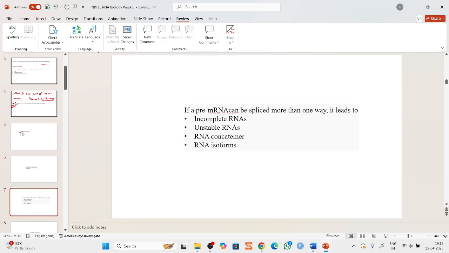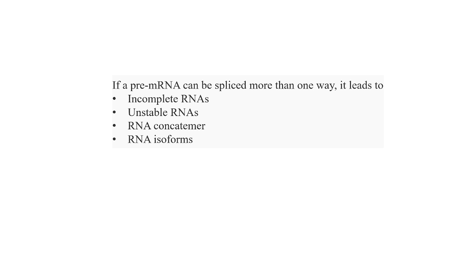Okay. The next question is: if pre-mRNA can be spliced more than one way, it leads to A. incomplete RNAs, B. unstable RNAs, C. RNA concatemer, and D. RNA isoforms. I'm giving you 2 minutes to answer this question. Right now it is 7:13.